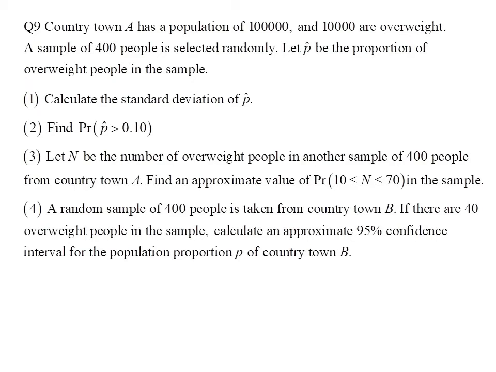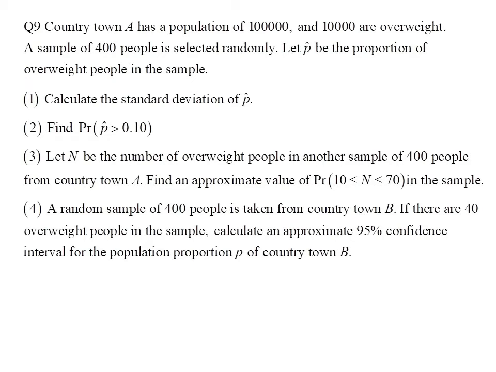Question 2 asks the probability when the sample proportion is greater than 0.1. Question 3, assuming n is the number of overweight people in a sample of 400 people from country town A, asks us to find the probability when overweight people are between 10 and 70 in the sample.